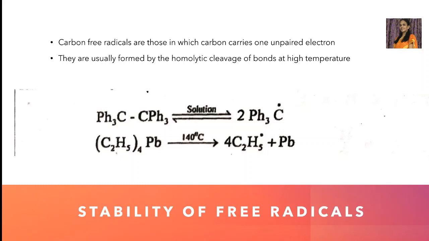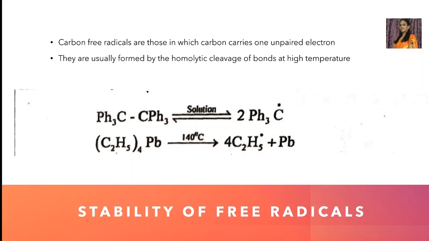Another example here. This is tetraethyl lead. When it is heated to 140 degrees centigrade, then what happens? We get 4 ethyl free radicals, and a lead free radical will also be produced.